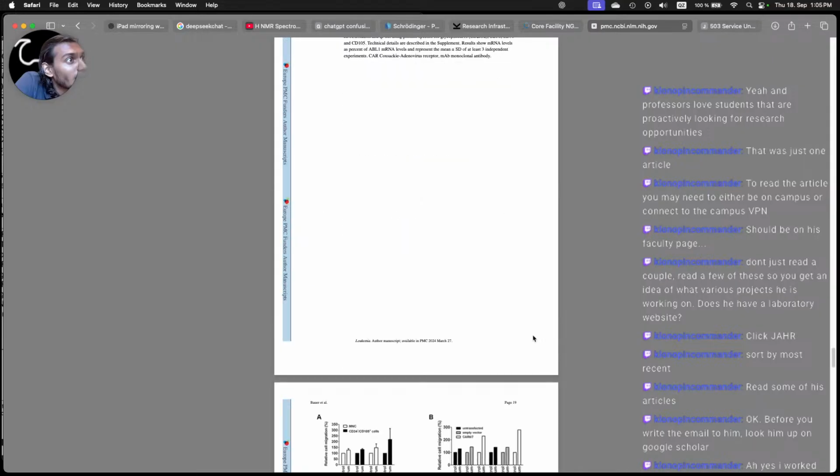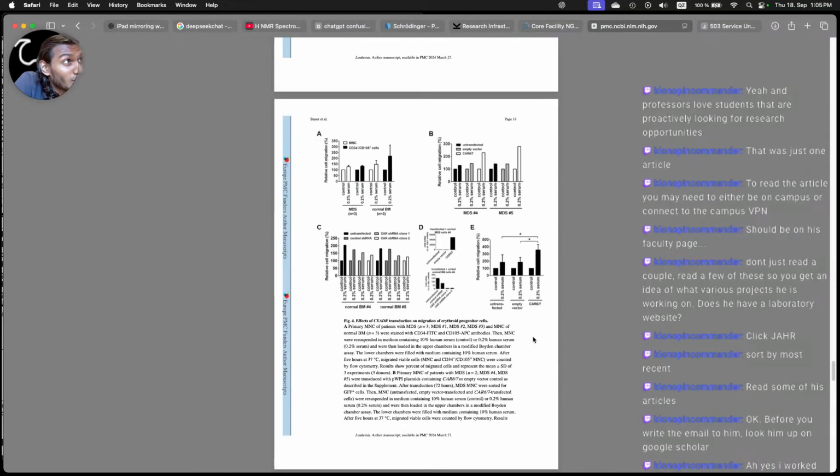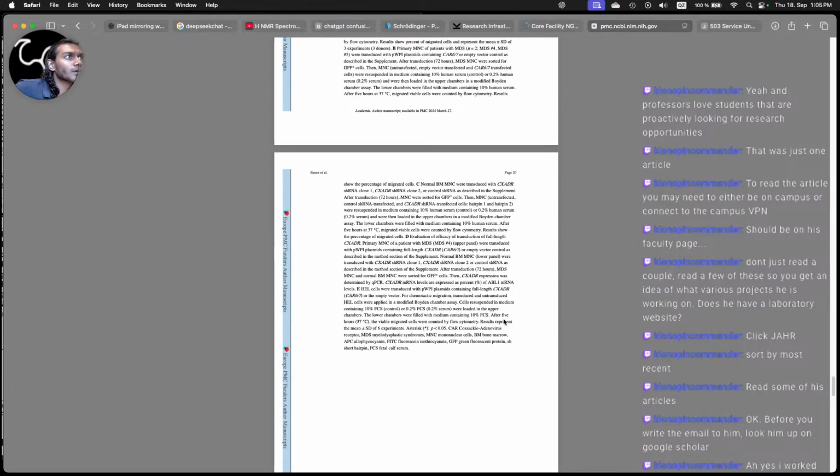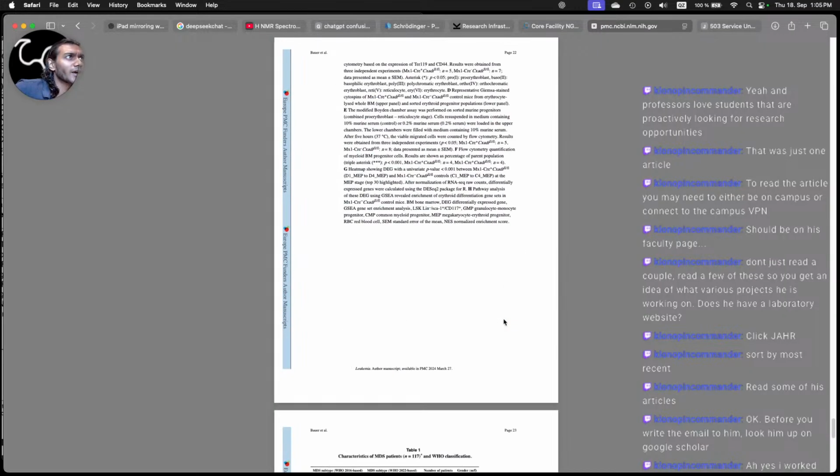Well, I gotta say, I don't understand a lot. My brain is still trying to understand, but looks cool. Empty vector. Empty vector. I do recognize some of the terms. Normal BM. Oh, shit. Lot of data.